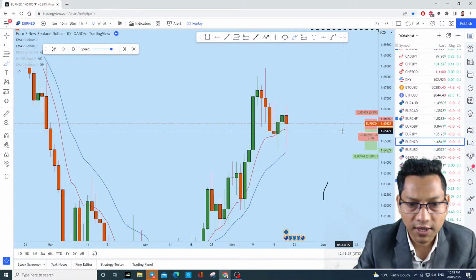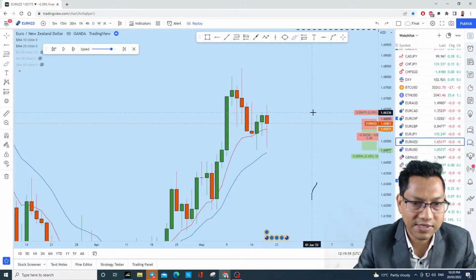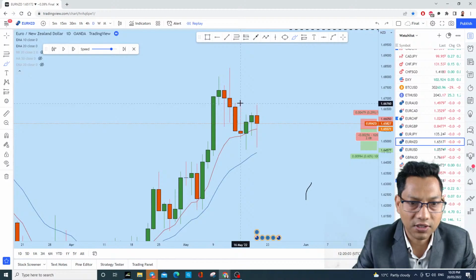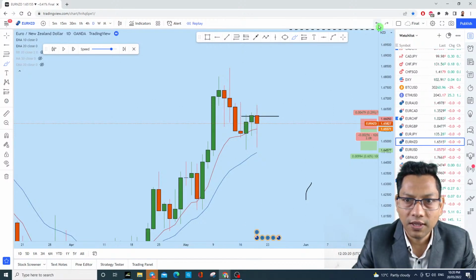It's a good trade. Now why do I think Euro and ZD is a sell? Let me tell you, this is the daily chart, right? See, first of all there is one doji on the daily. Okay, doji means there has been strong selling from this zone. Now back to back 2 days buyers tried to push the price high, they couldn't do it. Okay, the previous day of trading, what happened?